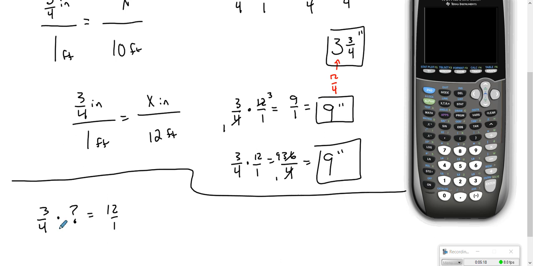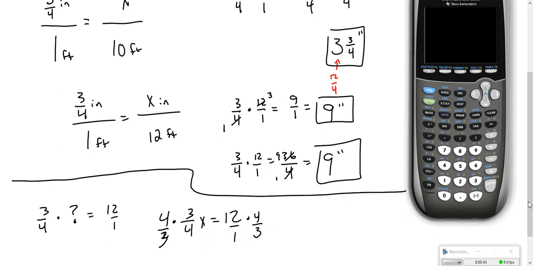I could also ask what I would multiply here to get this. Some of you can figure that out in your heads pretty quickly. I can also say times x, 3/4 x, if I want to switch to algebra. I can do that. And if I do that, to get rid of this 3/4, I multiply by the reciprocal.